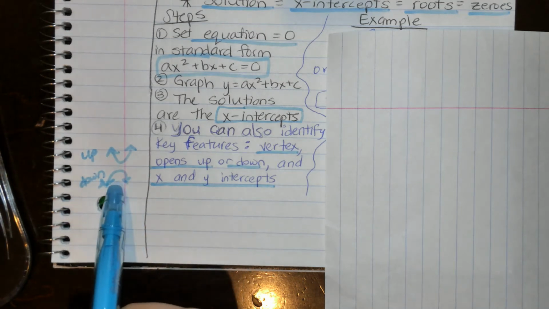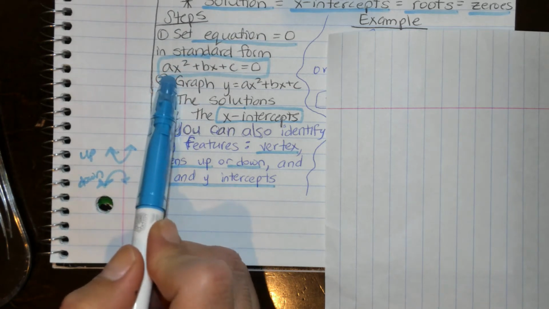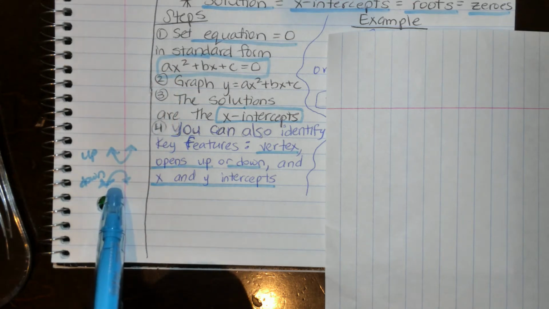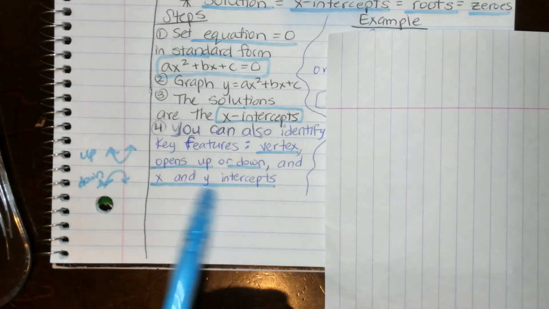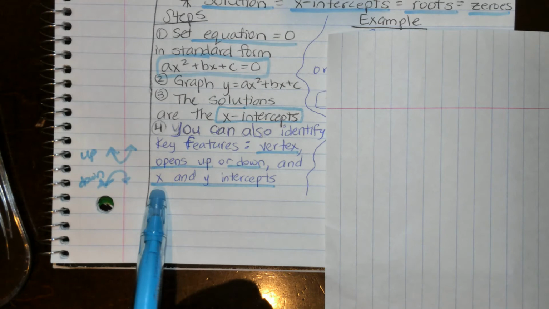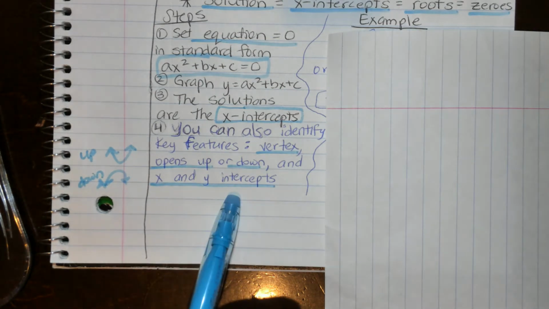Remember, if it opens downward, it has a negative in front of the x squared. A has to be negative for it to point downwards. It's possibly going to ask for the x and y intercepts. Remember, the x-intercepts are the solutions, so you probably already identify those. And the y-intercept is wherever it crosses the y-axis.